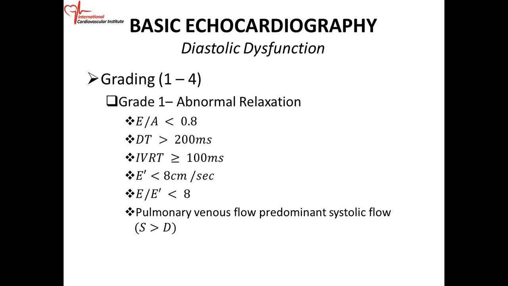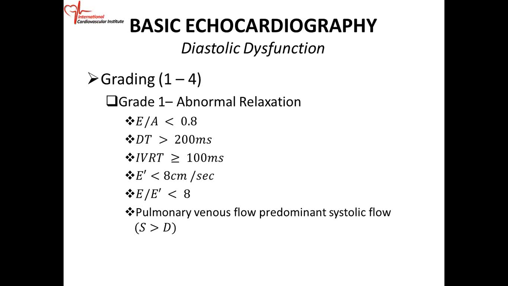But you need more things than that. Okay? For grade 1, the deceleration time is usually more than 200 milliseconds, and the IVRT is usually more than or equal to 100 milliseconds.